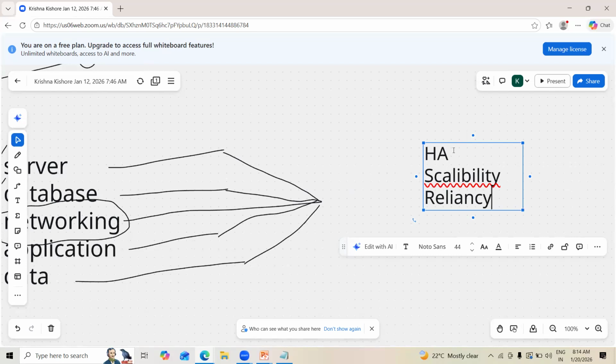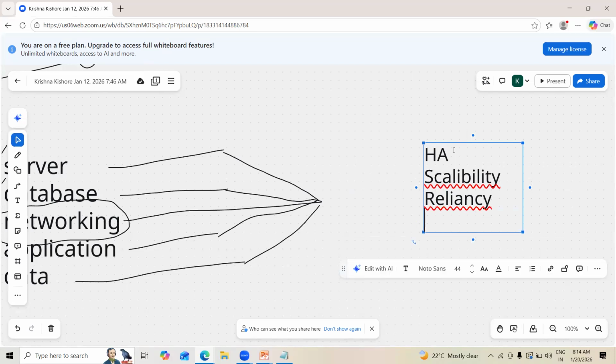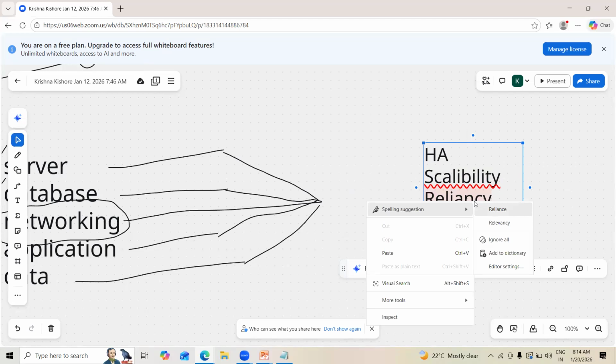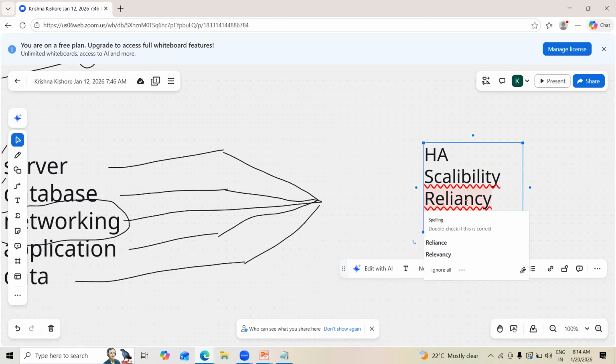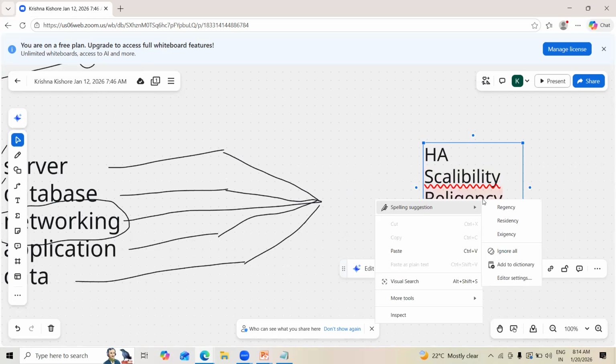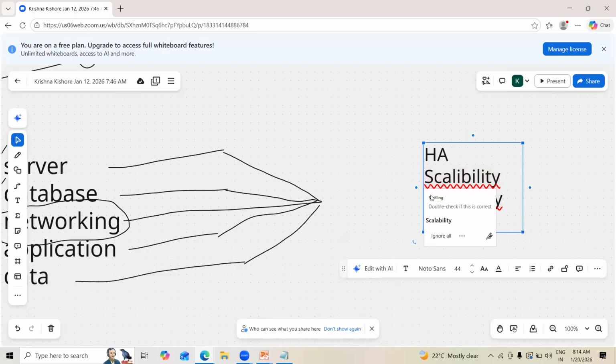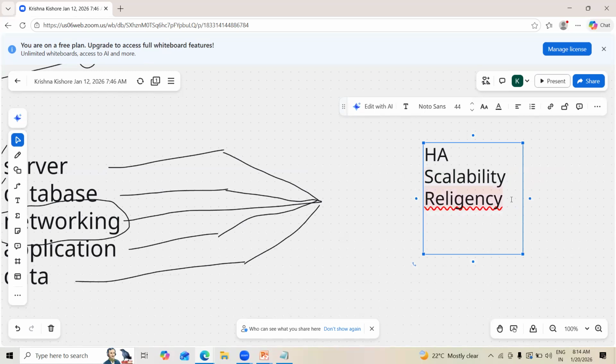Maybe the spelling is a mistake. Scalability is there, resiliency is there, high availability is there. Different options are there, and we will discuss them one by one.